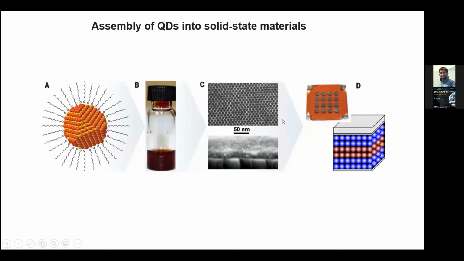If you don't get an organized film, you will not get good results for electronics applications, because it's not a single crystal, it's a glossy kind of film. That's why sometimes we need different techniques, especially self-assembly.